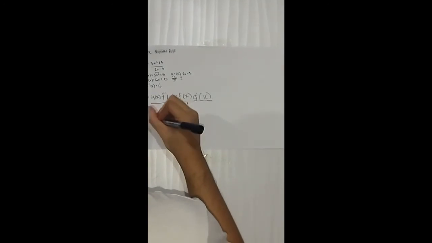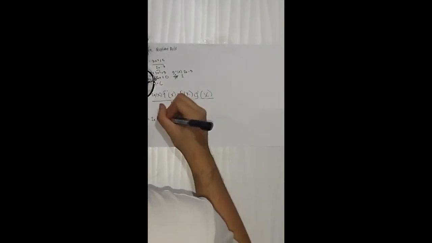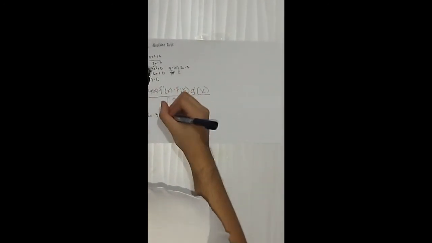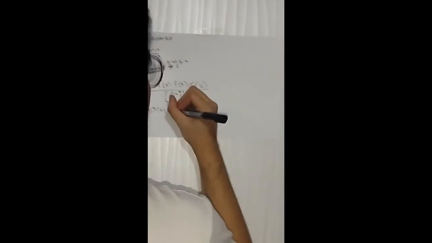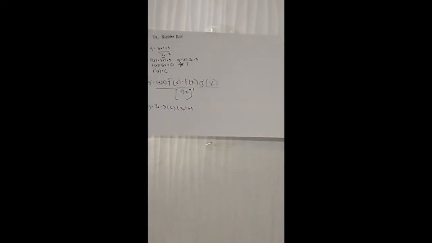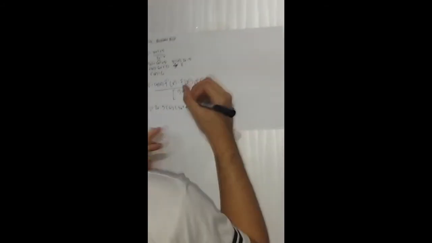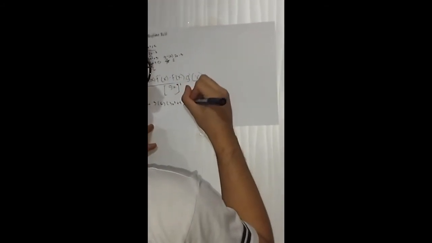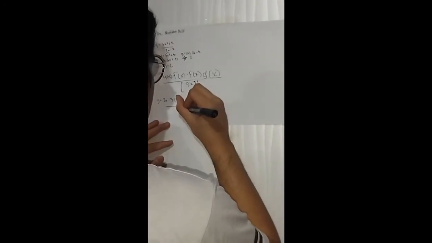After that, we can apply the quotient rule formula. So, ating y prime is equal to g of x times the derivative of f of x, minus f of x times the derivative of g of x, all over g of x then squared.